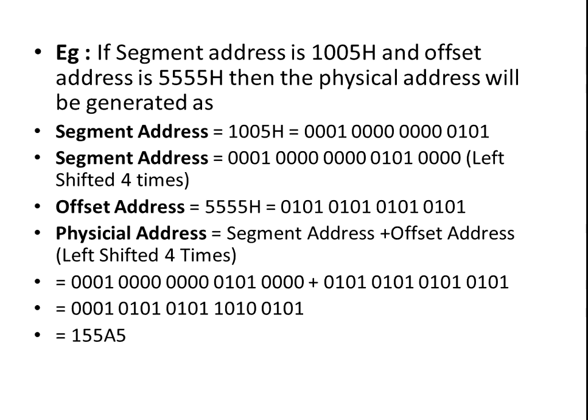It's 16 bits long, so we can see the binary representation of 100H. Then these 16 bits are shifted to the left by 4 positions. We will get 20 bits. That is the segment address.